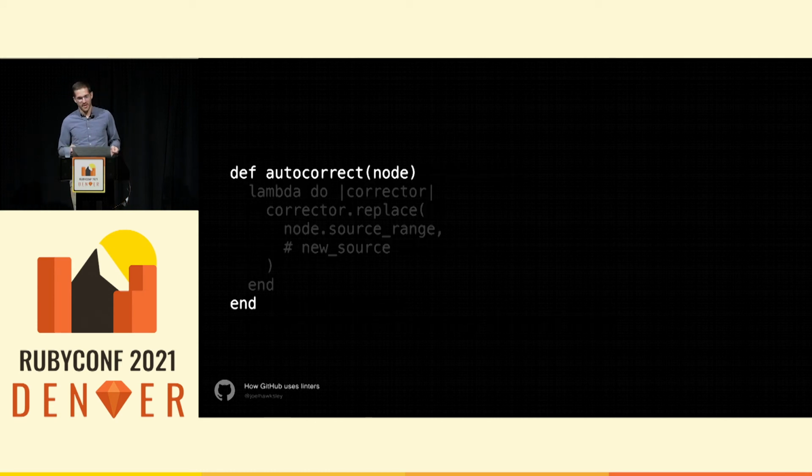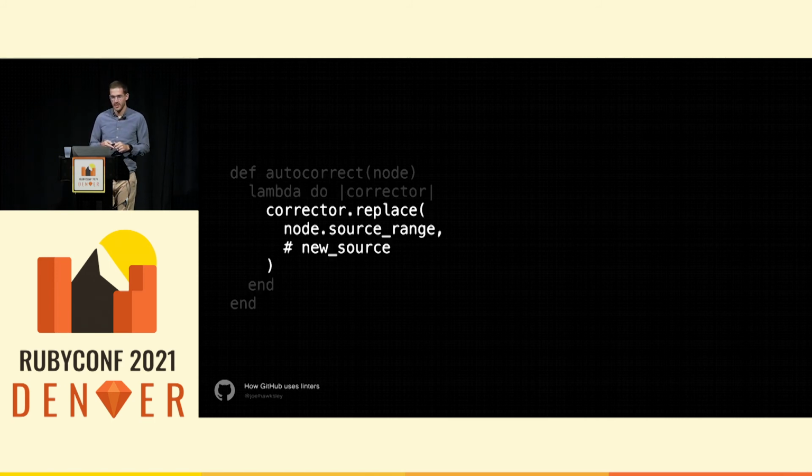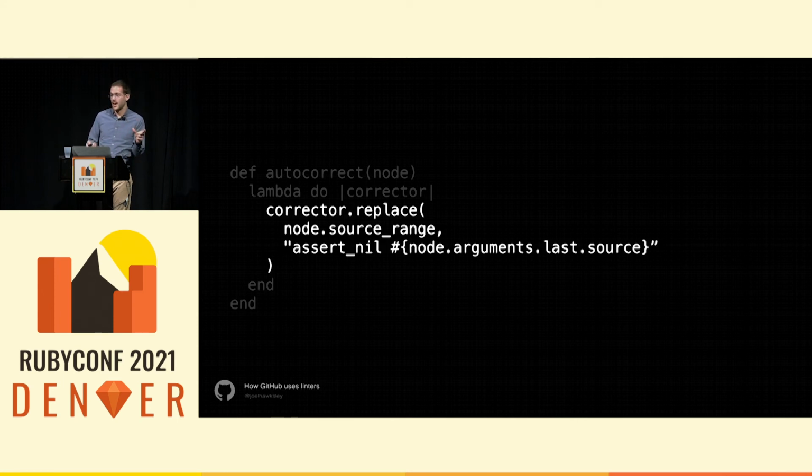So if we go back to our autocorrect method, it accepts a node and returns a lambda that accepts a corrector argument and then calls replace on the corrector. What we'll do is pass in the node source range for the range argument, and then what our new source code should be. We can write that code down by looking at what we had from our debugger and saying assert nil, node.arguments.last.source.